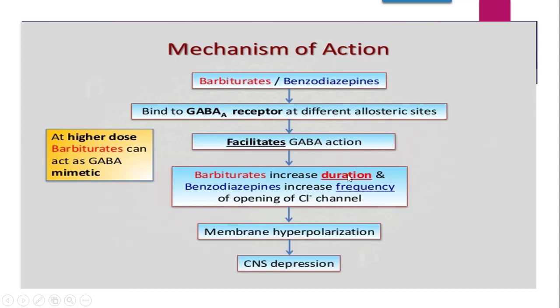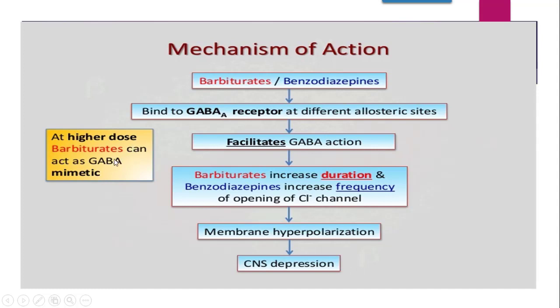That means they will keep the channels open for a longer time, whereas benzodiazepine will increase the frequency of opening. That means more and more chloride channels will open, and they will cause membrane hyperpolarization, because of which a depressive effect is seen, since GABA is inhibitory in nature.